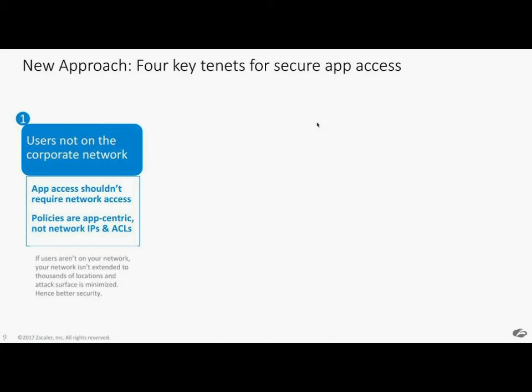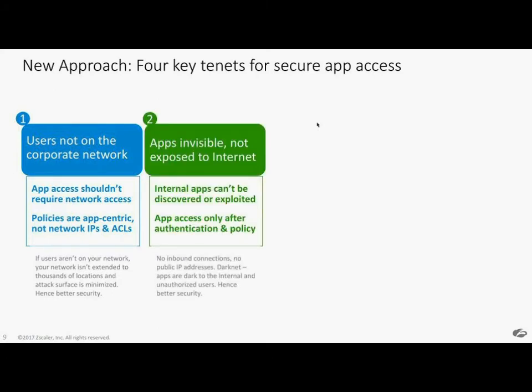We can make a policy-based control, no matter where the user is, without placing the user physically on the network. Meaning, the network is abstracted from the user's access to the application. So we're no longer providing a virtual private network, an extension of your private network to users off your network. We're providing a policy-based access and abstracting the network entirely.